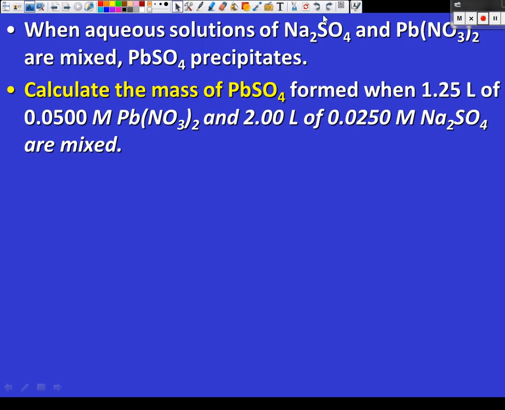Let me read this before I send you off on your way. Aqueous solutions of sodium sulfate and lead nitrate are mixed. PbSO4 precipitates. Calculate... Oh, boo.